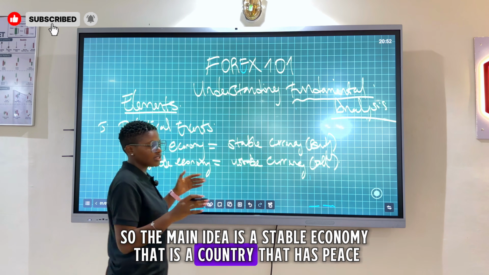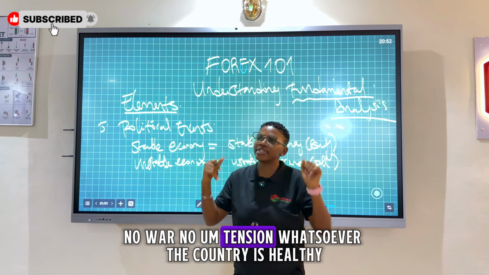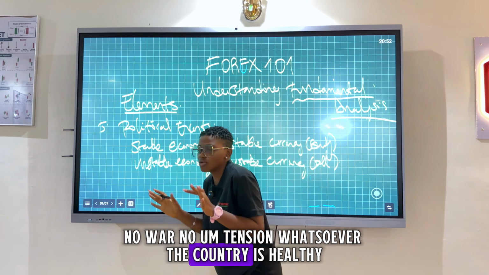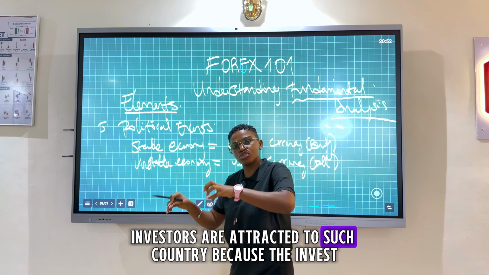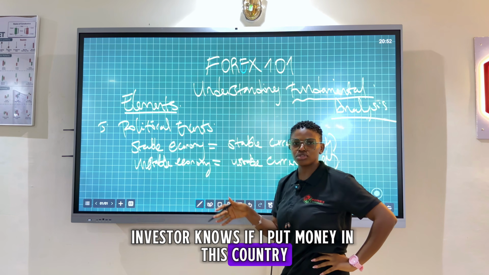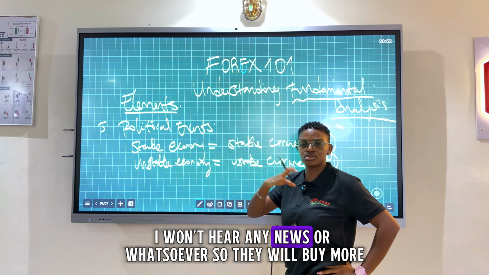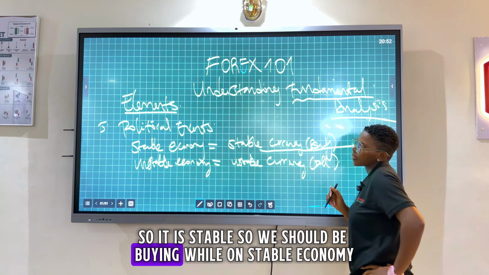That is a country that has peace, no war, no tension whatsoever. The country is healthy. Things are moving. Investors are attracted to such a country because the investor knows if I put money in this country, it will be stable. I won't hear any bad news. So they will buy more. So it is stable, so we should be buying.